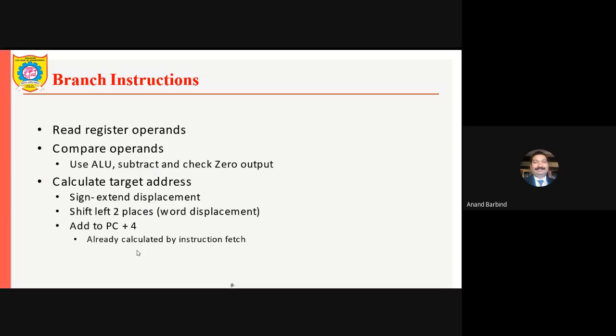This number specifies how many instructions are to be skipped or how many instructions to go back with respect to the next instruction. If the target address is of a previous instruction, that is, it is to go back, then that number is negative. And if a certain number of instructions are to be skipped, then it is positive.